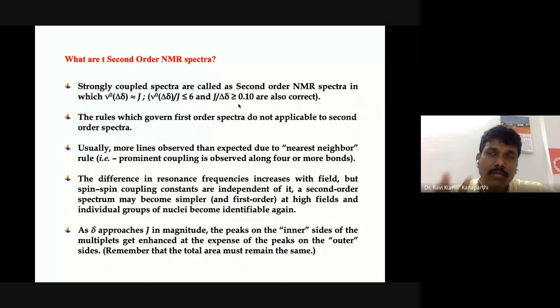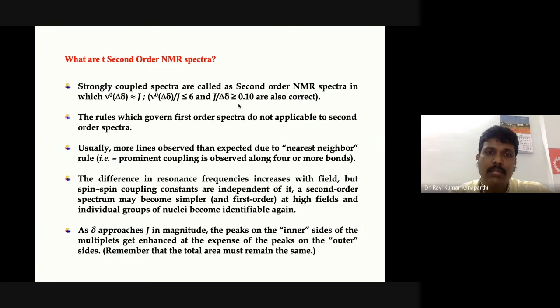And then you cannot really predict the integration. I have not come to the integration discussion, but the area under the NMR curve basically gives you the number of protons accounting for that particular signal. That is another important feature which will be taken up in the next semester.